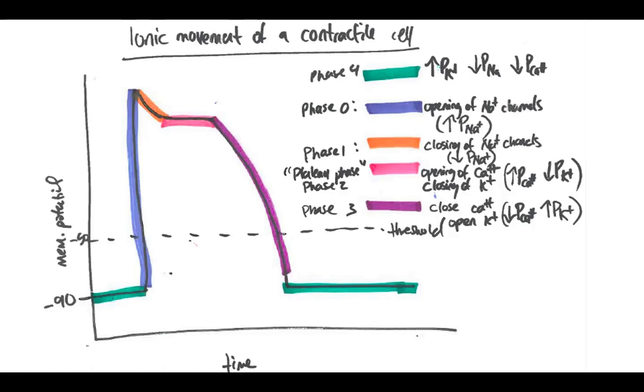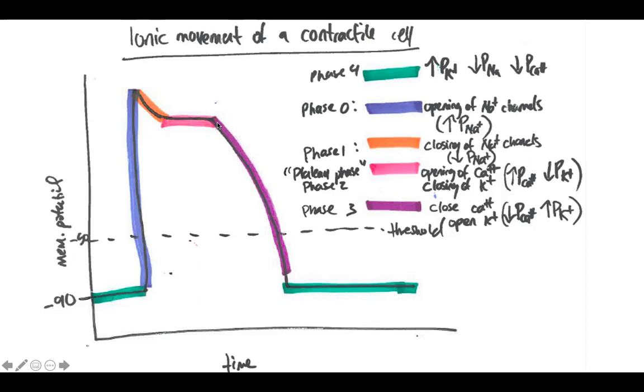We then proceed to phase 3, which is where we flip-flop the orientation of those two channels. So now we close calcium channels, the permeability for calcium decreases, and we open potassium channels, the permeability for potassium increases. And because potassium's permeability increases, we now have potassium rushing out of the cell according to its electrochemical driving force, allowing for the resting membrane potential to be reestablished.